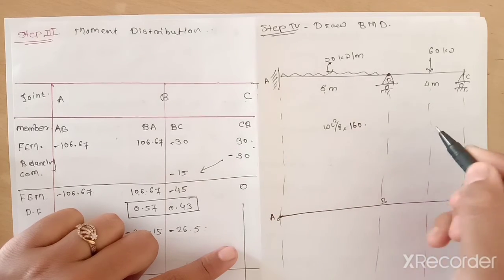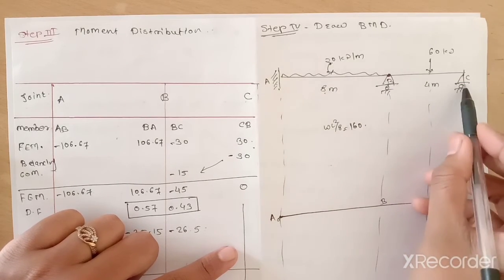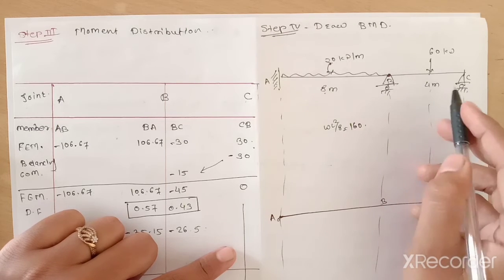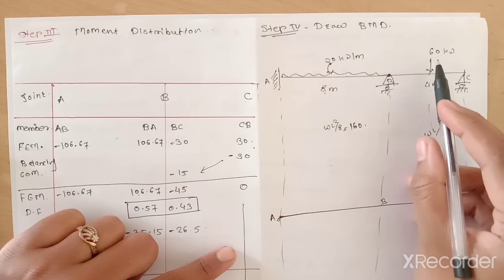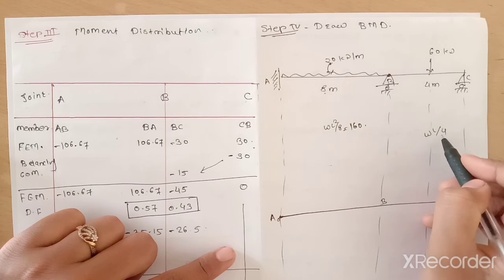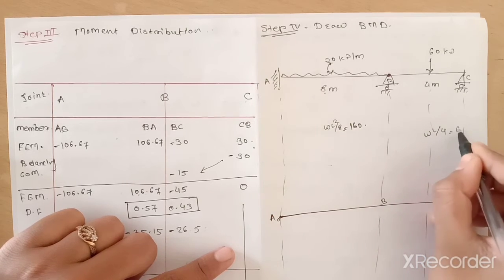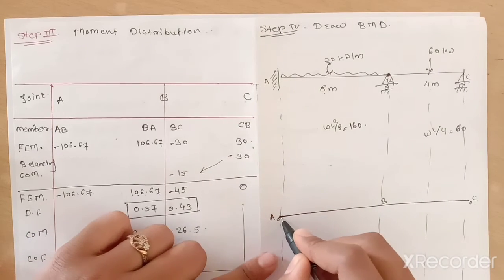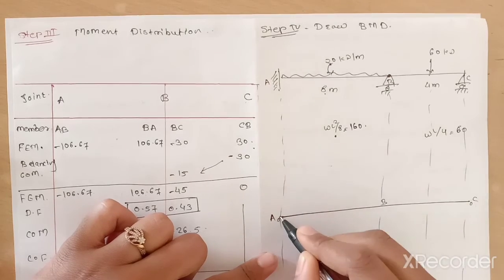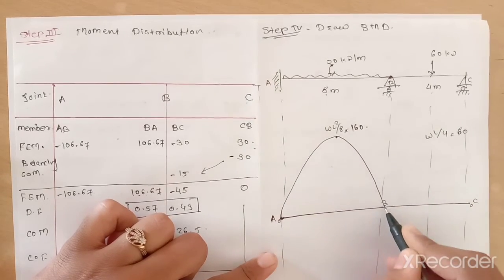Then next, here over this BC member point load is acting. So formula is WL by 4. So W is 60 multiplied by 4 divided by 4. So 4 gets cancelled, only 60 remains. Okay. So diagram is like that.